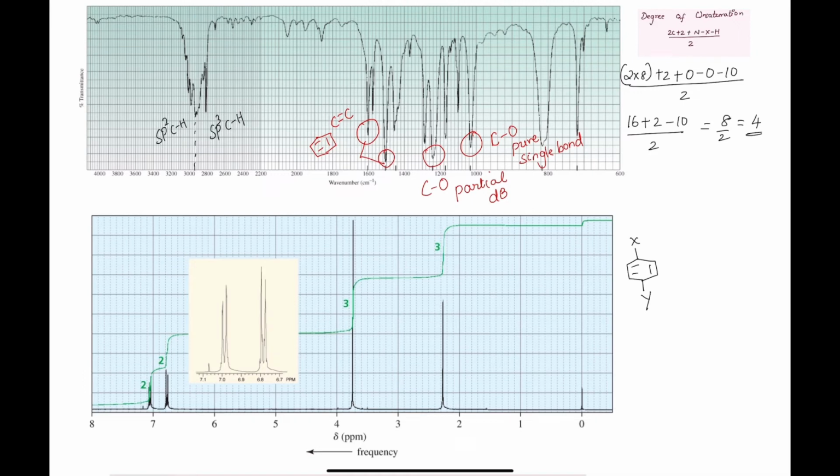Now let's look into the other region of the NMR. Here you have only 2 peaks, so there are only 2 different types of protons, and they appear as 2 separate singlets, each accounting for 3 hydrogens. When you see a peak that corresponds to 3 hydrogens, it should normally be a methyl group.